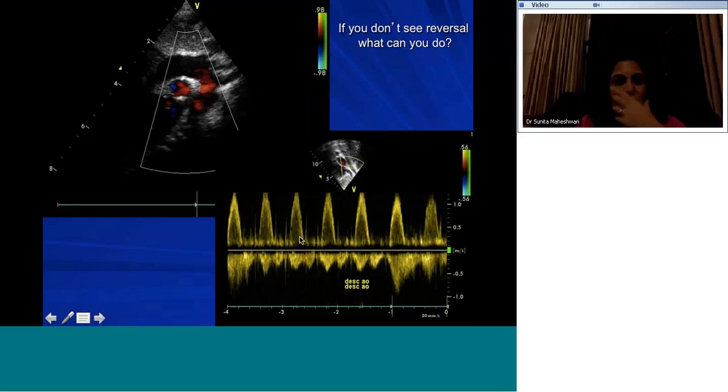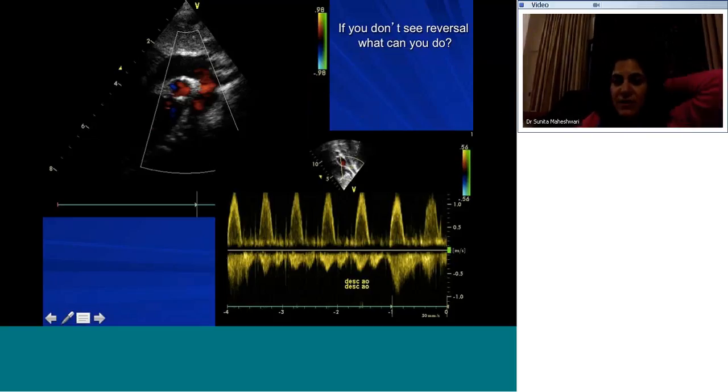Okay, next question. If you don't see reversal of flow, now you all know what is reversal, right? I know some of you are new fellows, but if you look from suprasternal, normally you'll have a blue flow because it's going downwards in the aorta. Reversal means what you see here in the image, there's a red flow coming back.